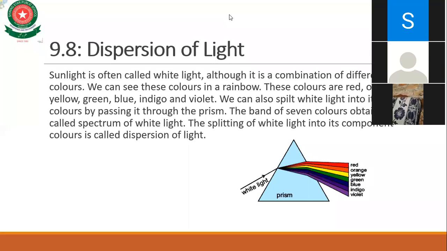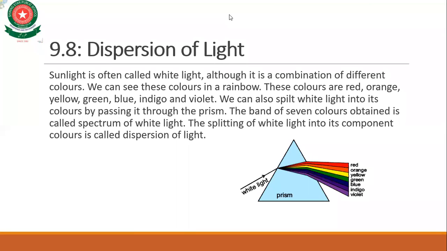These colors are red, orange, yellow, green, blue, indigo and violet. We can also split white light into its colors by passing it through a prism. The band of 7 colors obtained is called the spectrum of white light. Now the splitting of white light into its component colors is called dispersion of light.